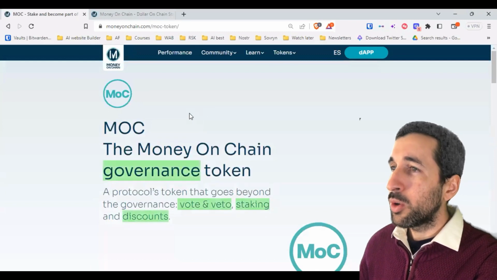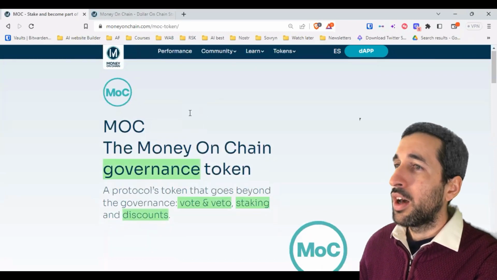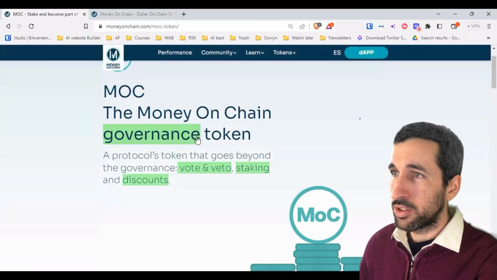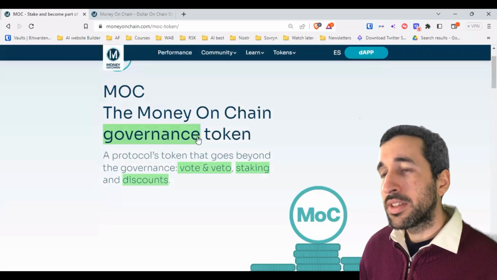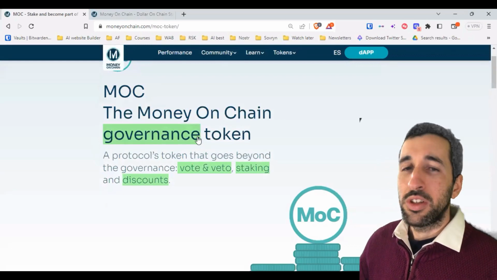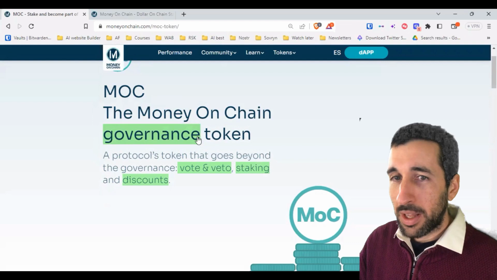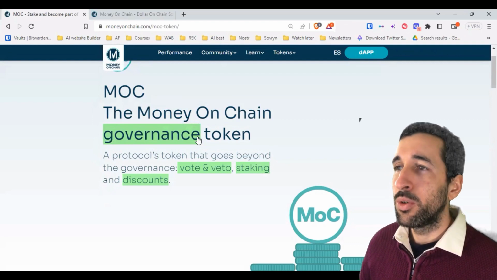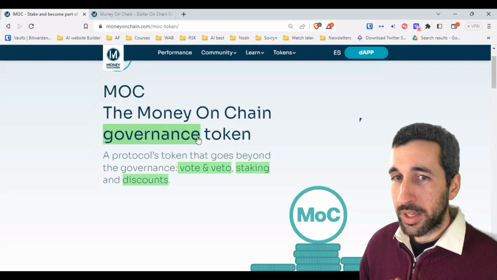Alright, so in the first overview of the protocol, I told you that the Money on-Chain token is a governance token. This means that because Money on-Chain is a decentralized platform, any changes to the protocol have to go through a voting mechanism.